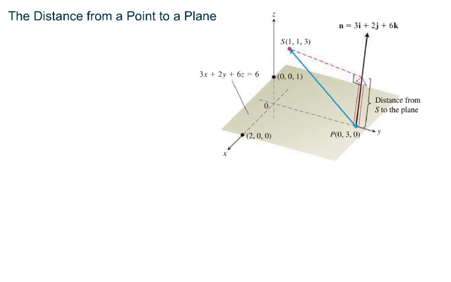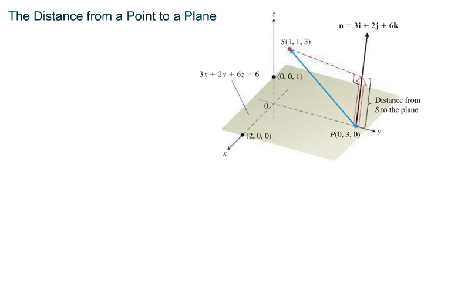In this video, we're going to talk about the distance from a point to a plane. So, for example, if P is a point on a plane with a normal vector n, then the distance from that point on the plane to some point S in space is defined as the length of the vector projection of PS onto n.